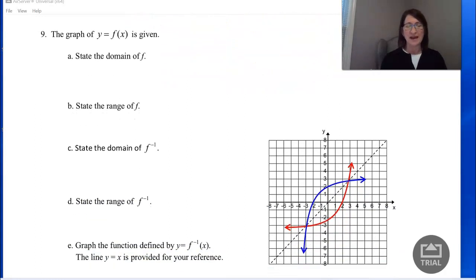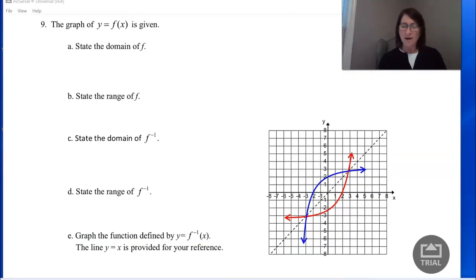All right, now, this one's kind of a goofy one. I'm going to summarize this one. So we've got this graph. Let's say the graph right here, y equals f of x, is our blue graph.